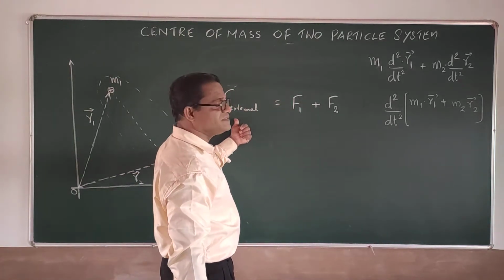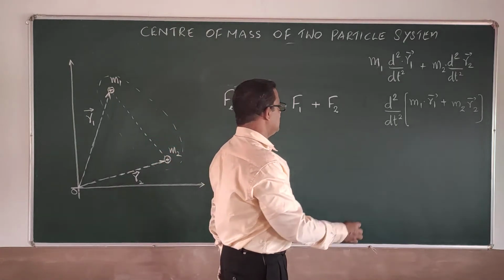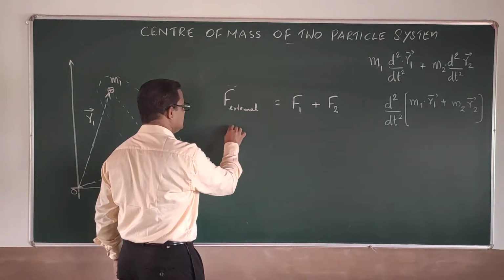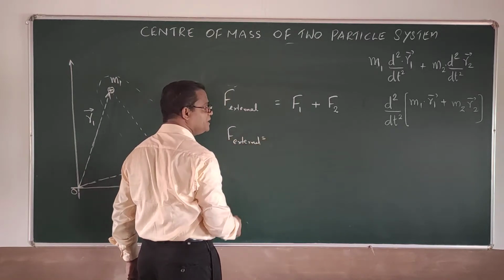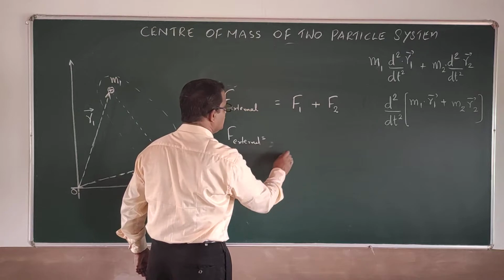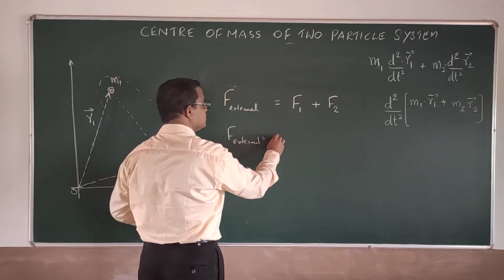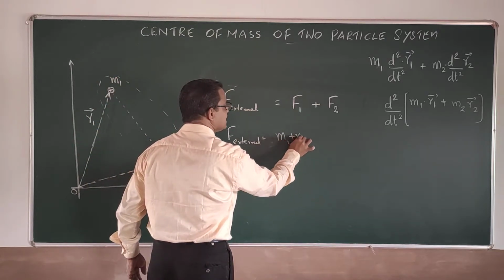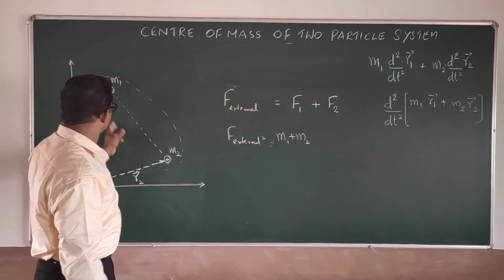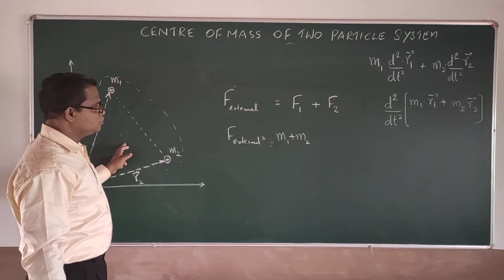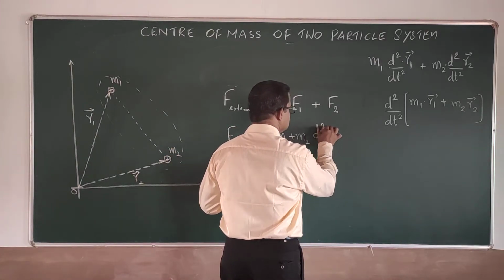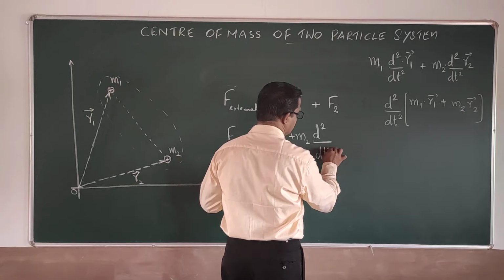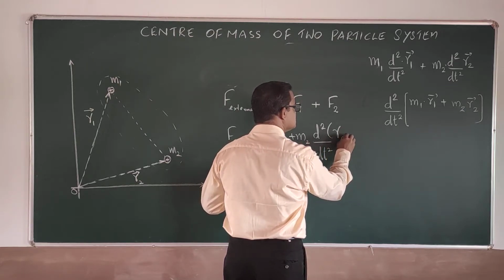And as we continue, taking the left side of this one, that F external will be equal to the mass of the whole system, that is m1 plus m2, into d square by dt square of RCM.